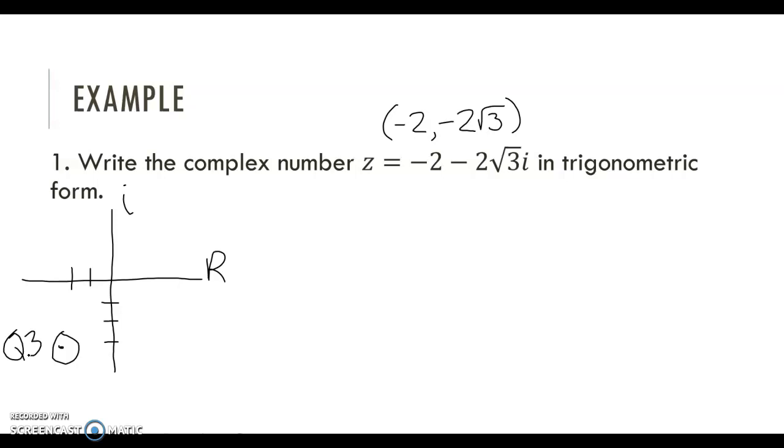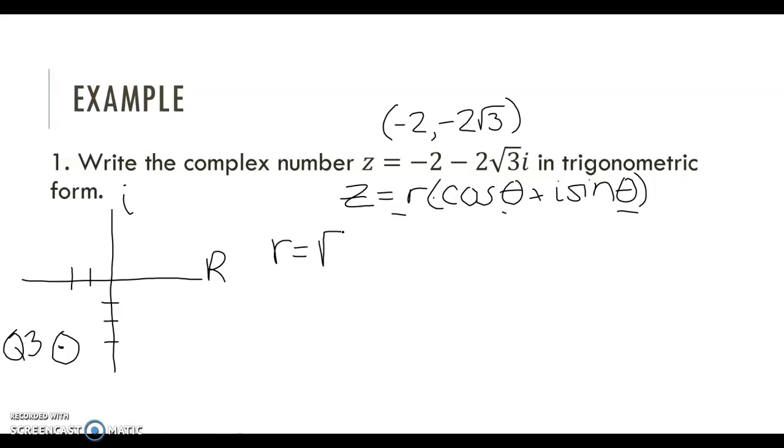Now if I want to change this to trig form, which is r times cosine theta plus i sine theta, we need to find r and theta. Let's find r first. r is the square root of a squared plus b squared, so the square root of -2 squared plus -2 square root of 3 squared.